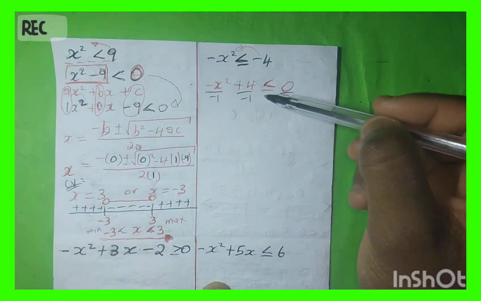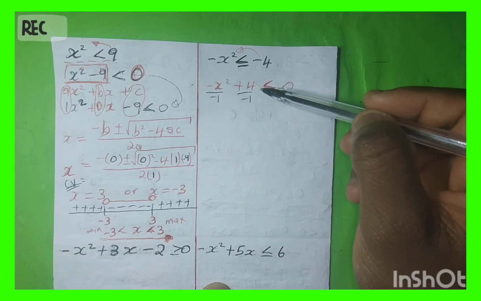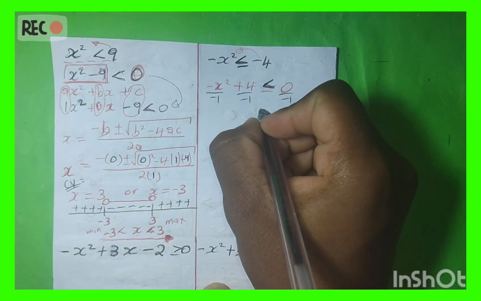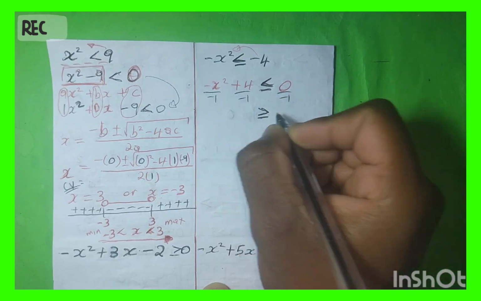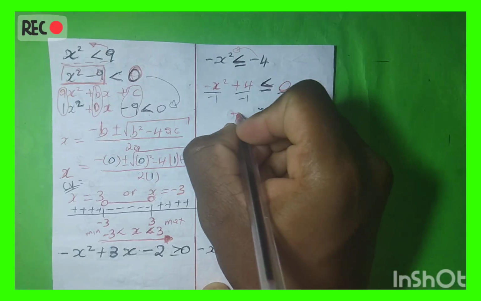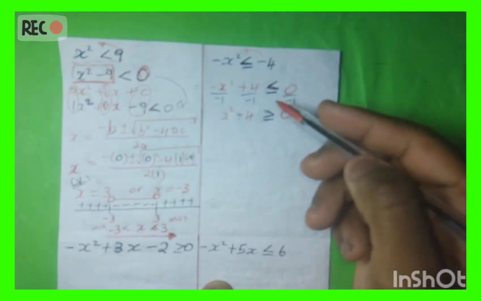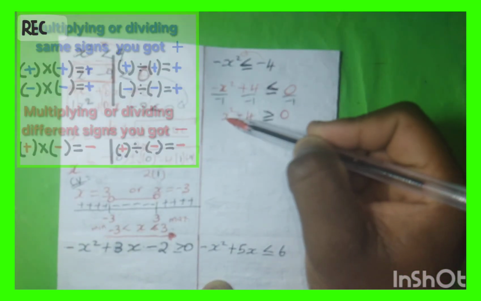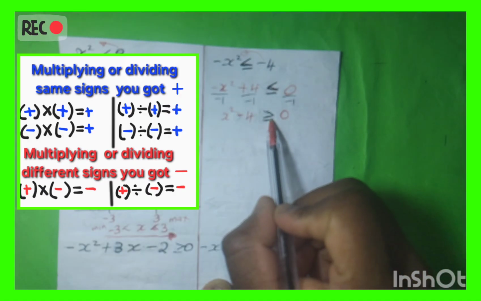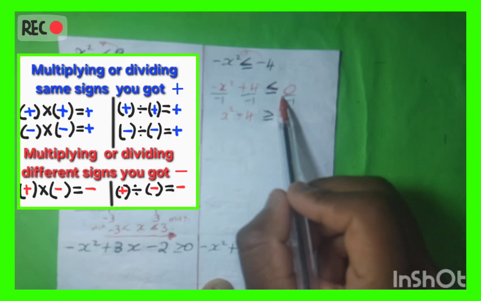Remember, when you divide with a negative number, the inequality sign changes direction and points in the opposite direction. This gives me this, with -4 and 2, because dividing same signs gives positive, different signs gives negative.